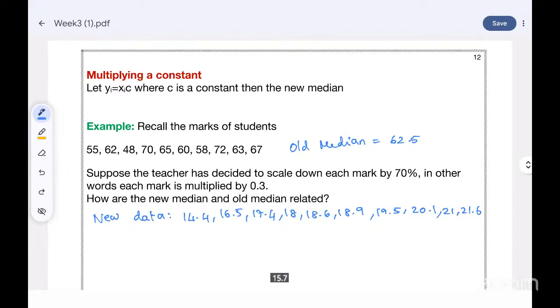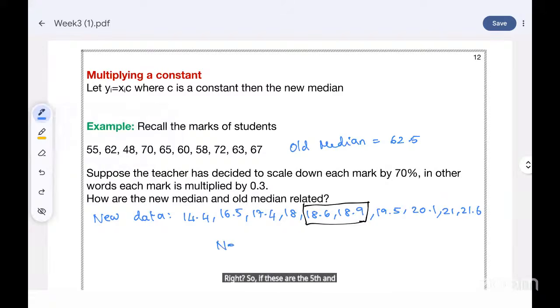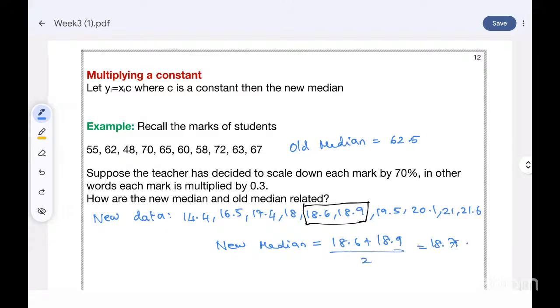The 5th and 6th values are these two, so your new median is 18.75.